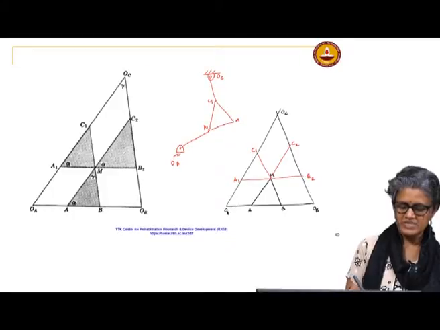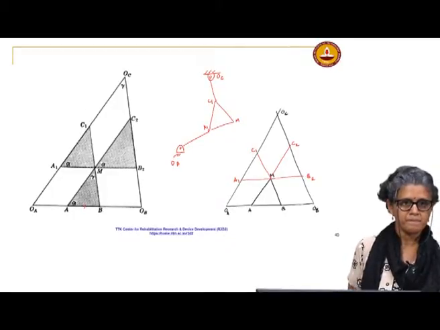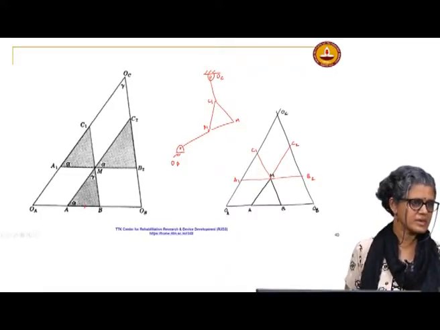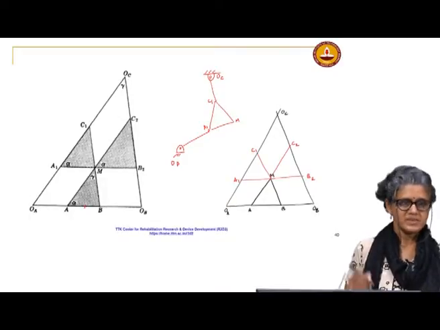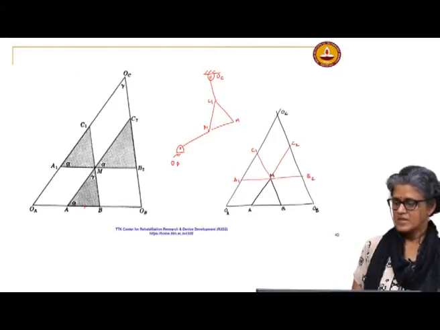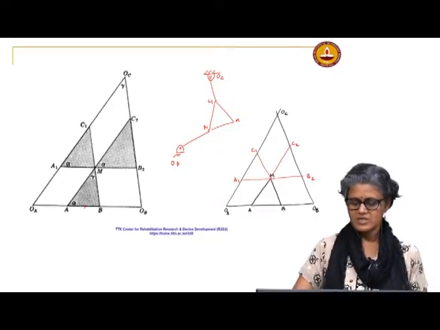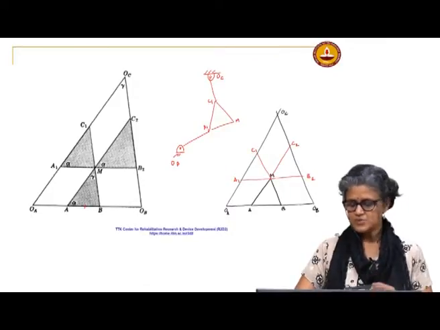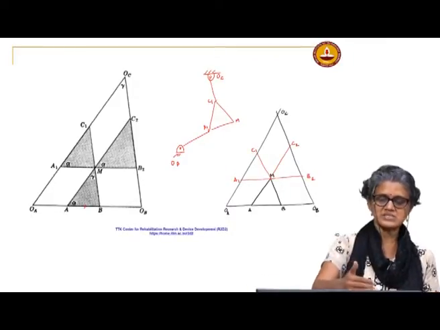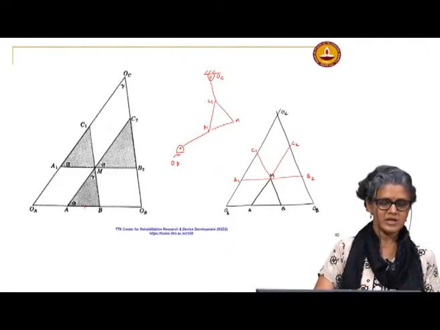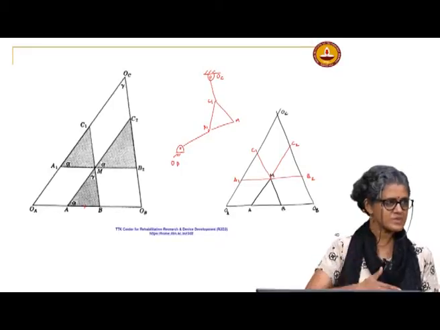Suppose M lies on AB, either between A and B or beyond A and B. This is still valid, the cognates still exist. The construction is slightly different, because doing this essentially means this triangle is collapsing, because M lies on AB.